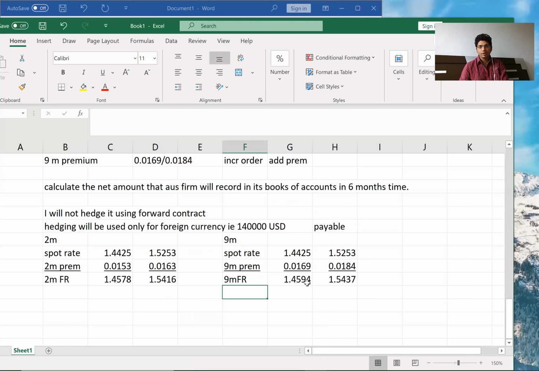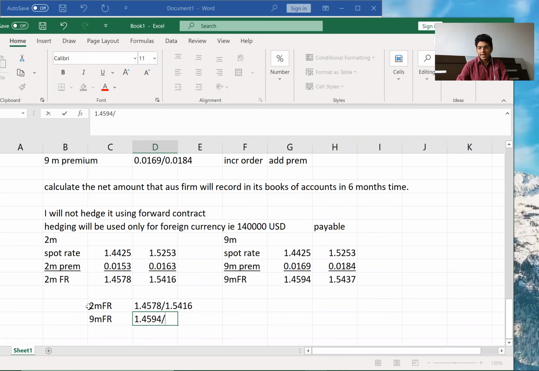So my 2-month forward rate is 1.4578 slash 1.5416, and my 9-month forward rate is 1.4594 slash 1.5437.